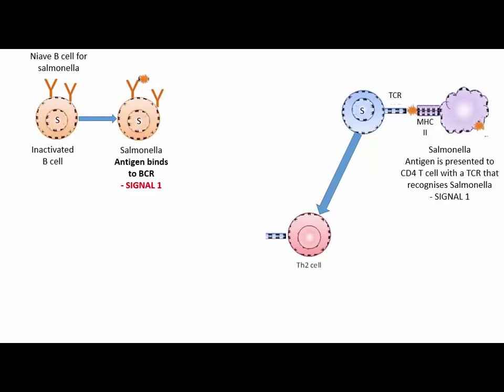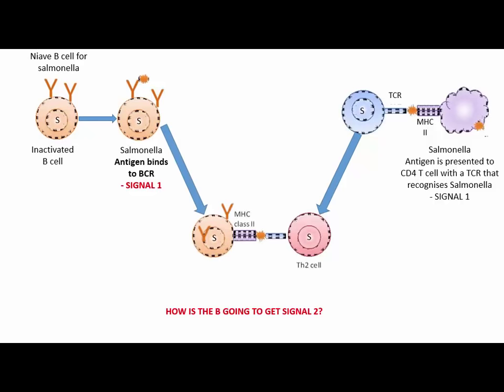Now, in order for the B cell to get signal 2 to get activated, it needs to take up the antigen that's bound to the B cell receptor, break up the antigen, and present the antigen to the corresponding Th2 cell. So the B cell takes the antigen up, breaks it down, presents it on MHC2 to the Th2 cell that's just been activated.